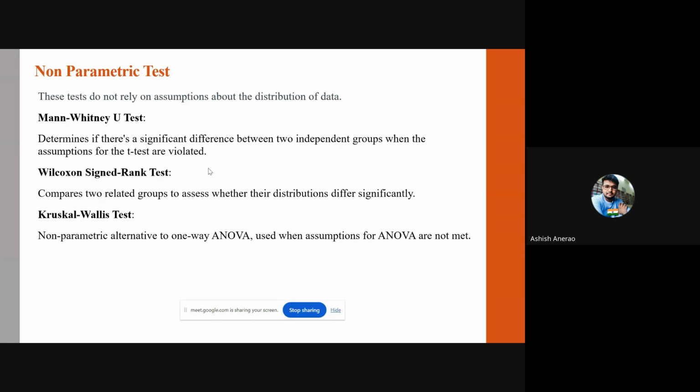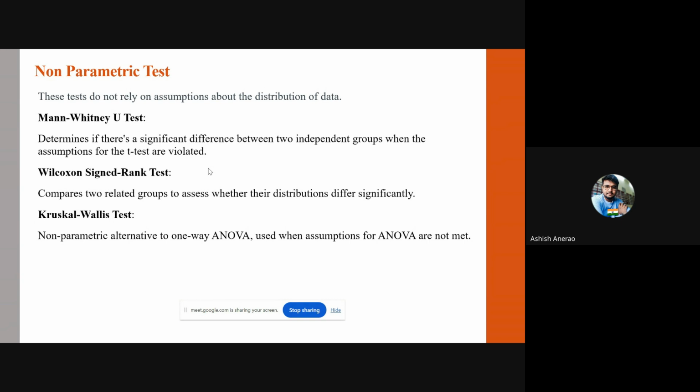If our data is not normally distributed and we have after and before data, or data that are correlated to each other, and we want to check whether there is a significant difference in the median of that correlated data, that time we use the Wilcoxon signed rank test.